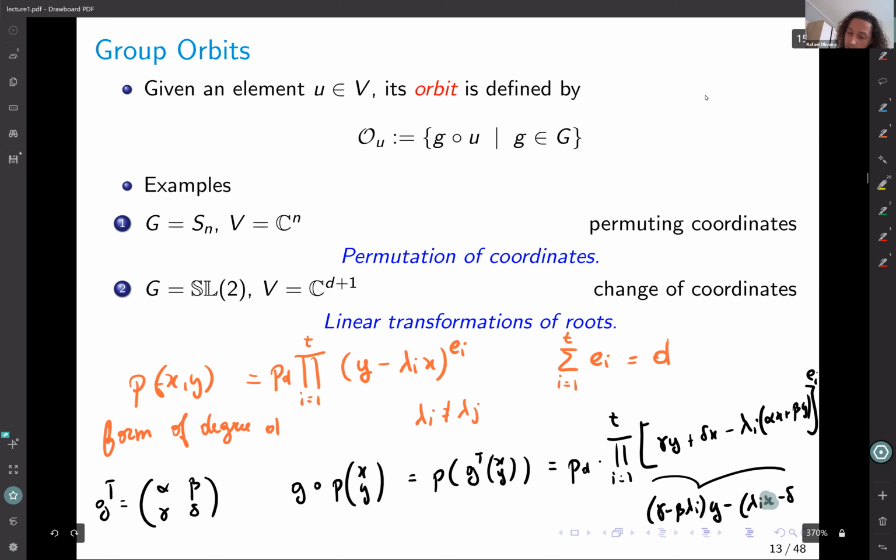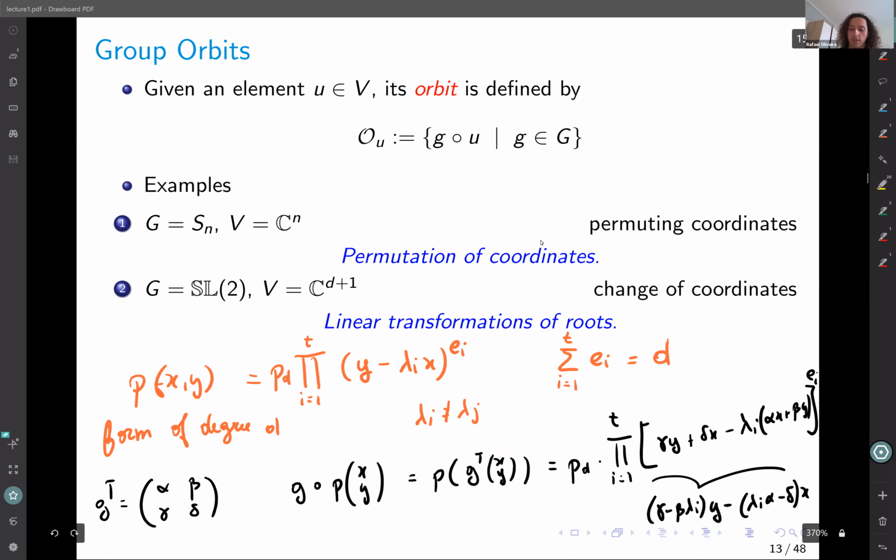Oops, this is alpha here. Okay, so this we just did. Each root got transformed from y minus lambda_i x to this other form: gamma minus beta lambda_i times y, minus lambda_i alpha minus delta times x. Okay.